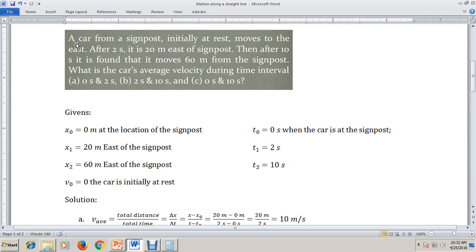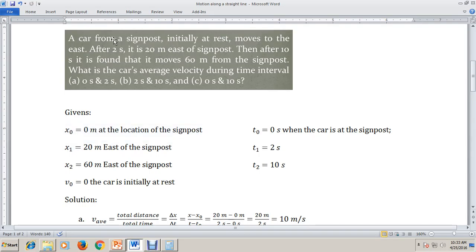So let's try to have a list of all of our givens. It is said in the problem that the car is initially at rest. What does this mean? Initially at rest means our initial position x sub 0 is at 0 meters, meaning the car is at the location of the signpost where all measurements were measured.